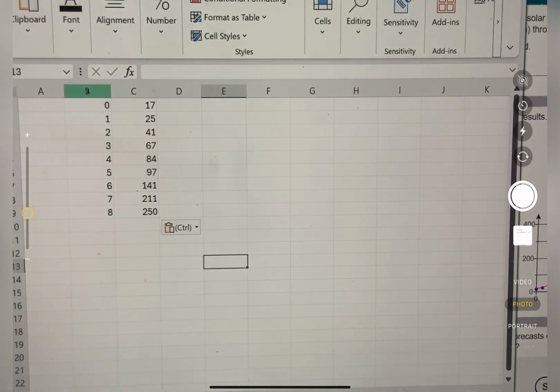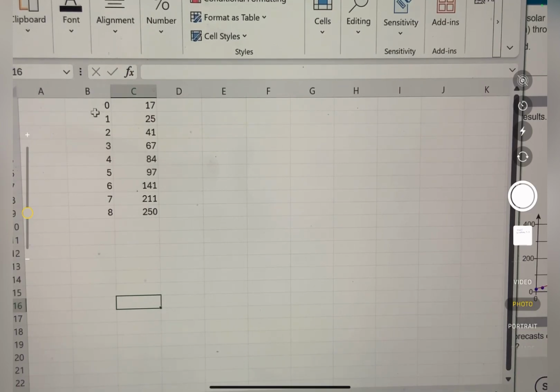Instead of A, hold on, let me see, I can type year. No, okay, I'll do that. There is a way to change the title, I don't remember now. Simple way, we'll figure out later.